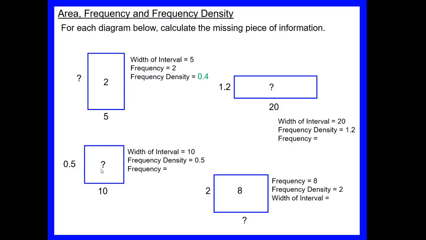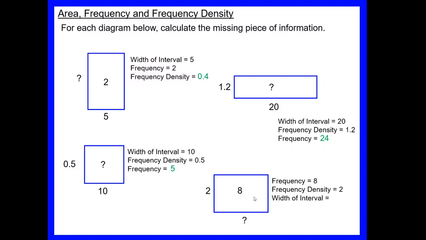To find the frequency, the area of the bar, 0.5 times 10 is 5. On this one, the width of the interval is 20 and the frequency density is 1.2. So 1.2 times 20 will give us the area, which is our frequency of 24.